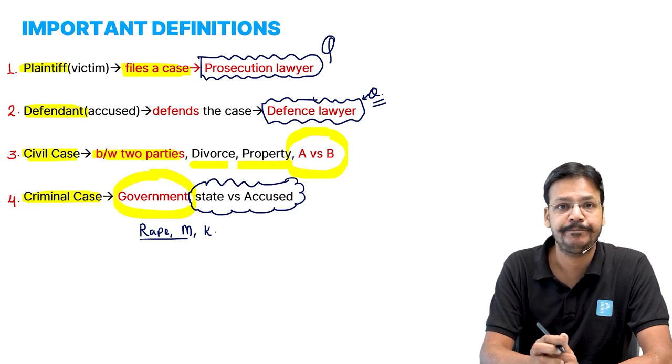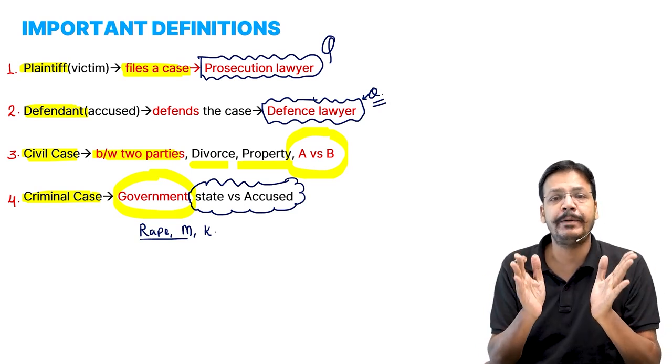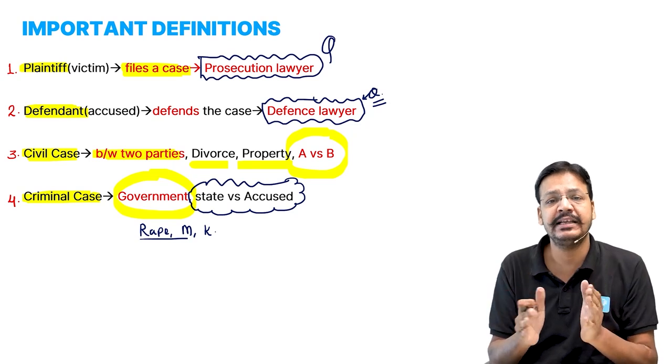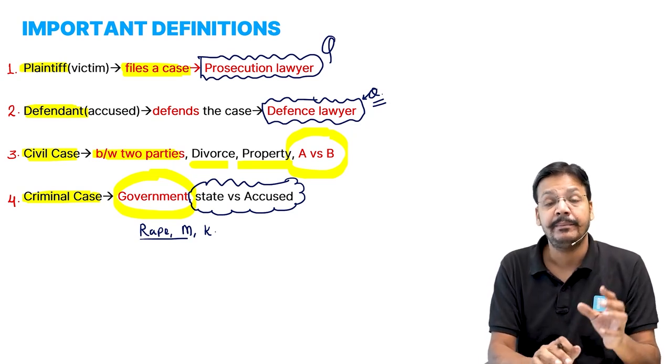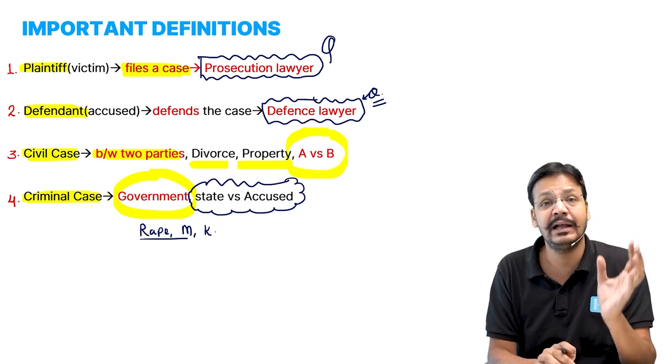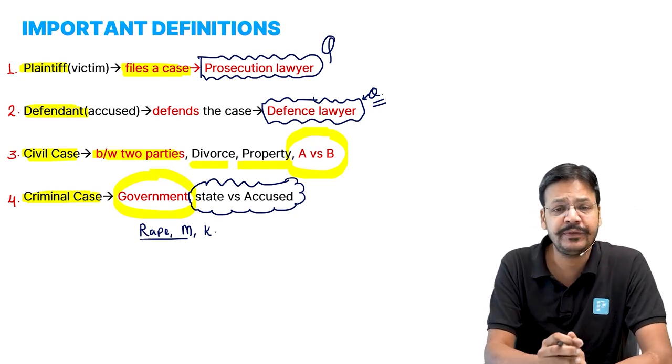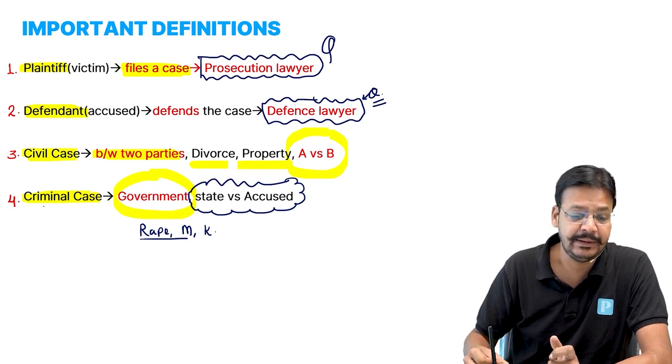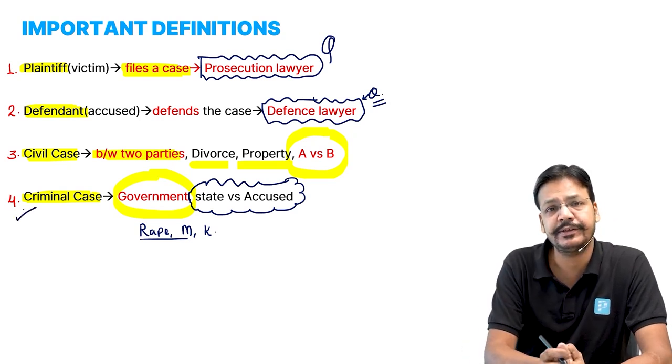In a civil case, the two parties are mentioned. If they are calling Ram versus Shyam, that's a civil case. But state versus Mohanlal, state versus Ramlal, state versus anyone, the answer will be a criminal case.